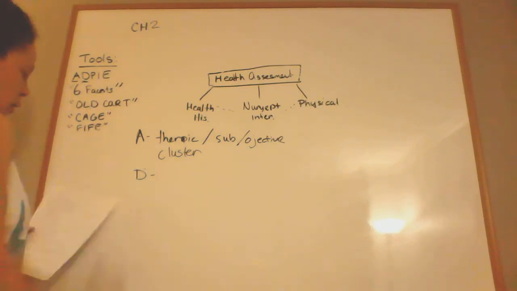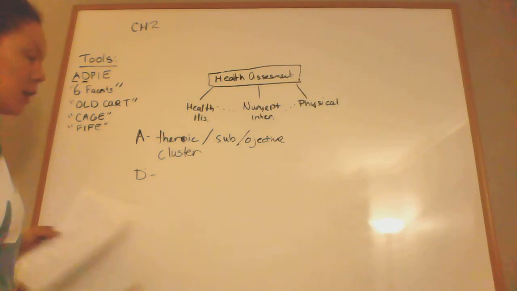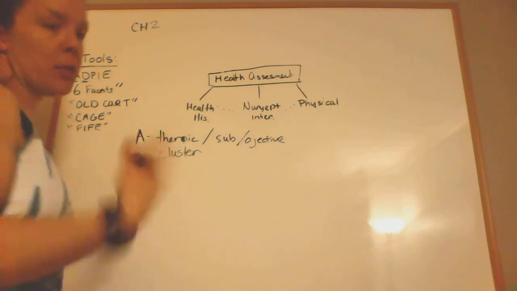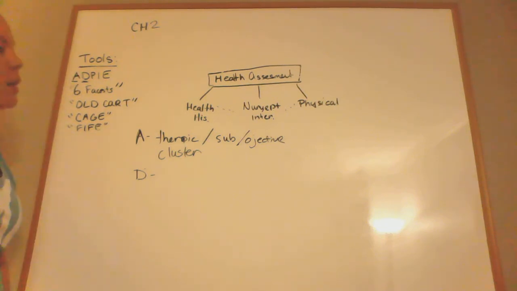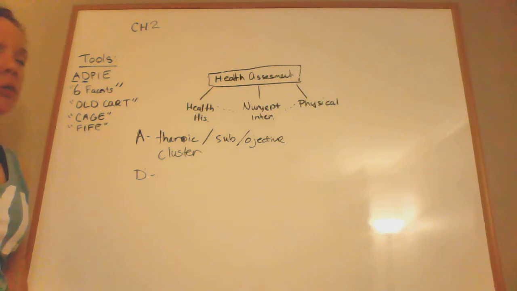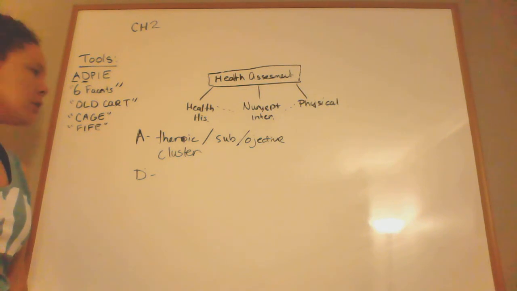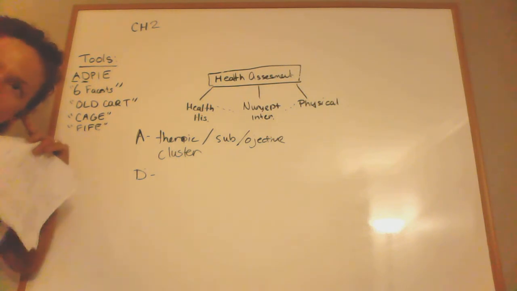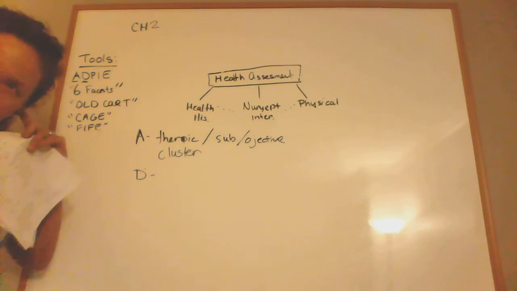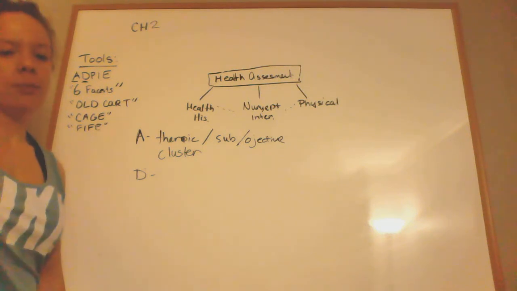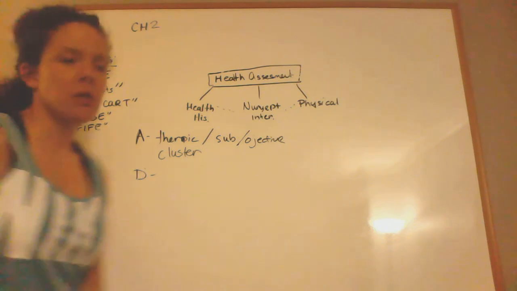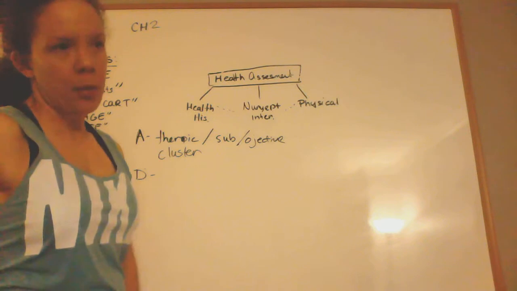D. Normally we're going to figure out the problem. What is the problem with the patient? Of course, this is based on assessment. And again, remember, assessment is the bread and butter of a nurse. That's something we continually do, continue to assess, continue to implement and evaluate. The diagnosis, remember, is not the medical diagnosis, is not that they have Hep C. It is that the patient is having an emotional crisis because of their diagnosis, and this is what we're going to do to try and help with that.